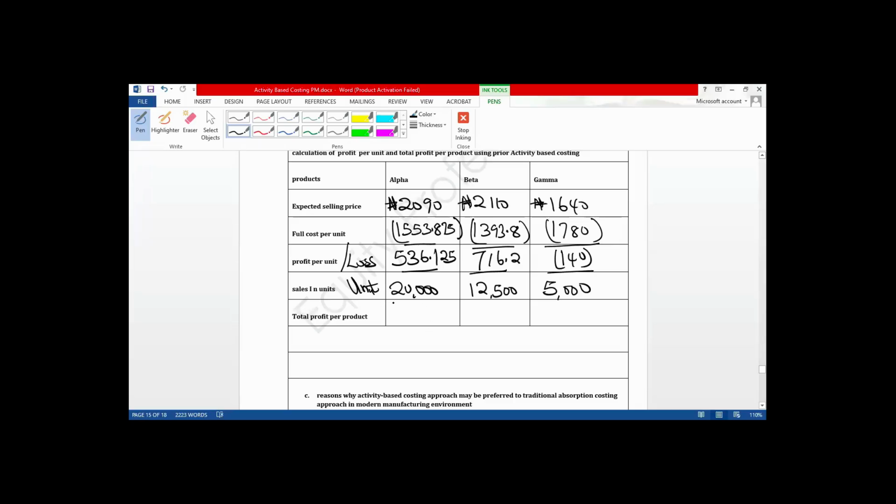Multiply by number of units sold to get total profit: 536.125 multiplied by 20,000 units. For beta, 8,952,500. For alpha, 10,722,500.